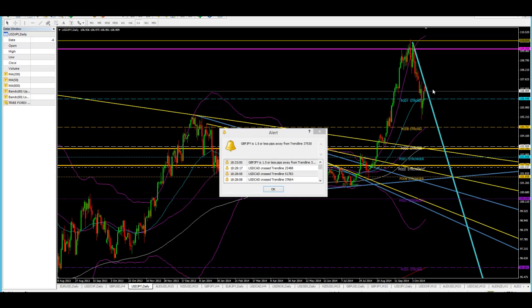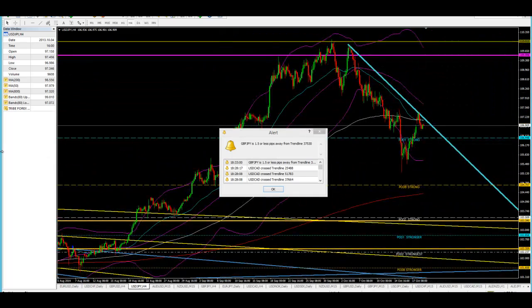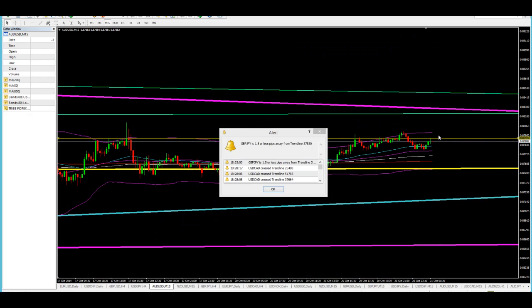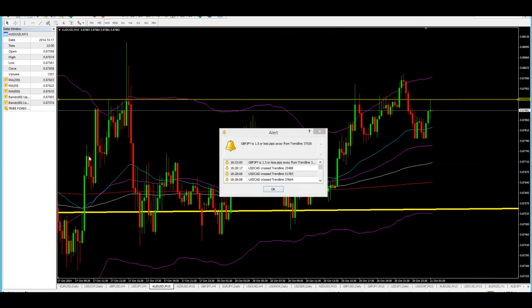There's a lot of reasons for that. Nice trend line here on the dollar yen. There's no news coming out that we know of on the dollar yen either. So we think it's a decent bet for us to step in and kind of ride that bronco and see if it gives us something.